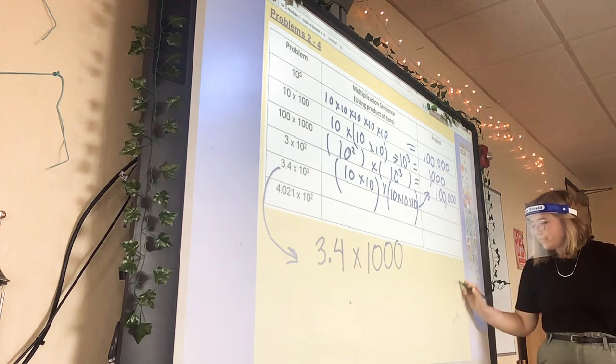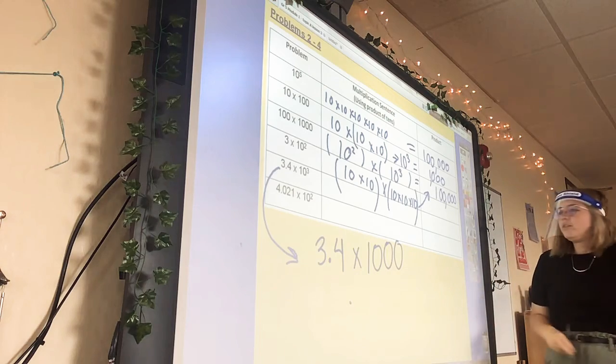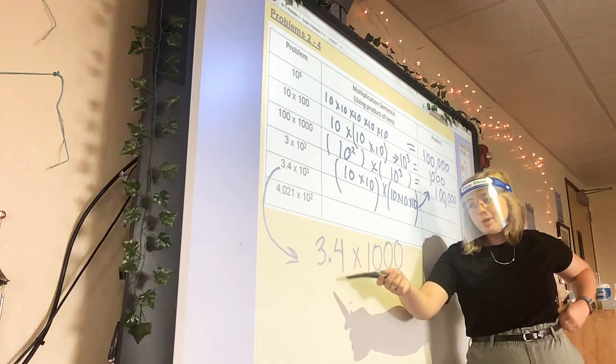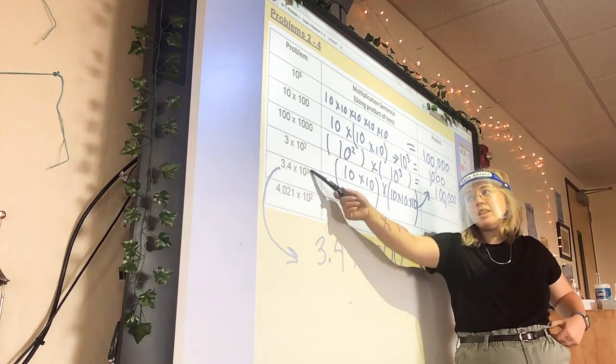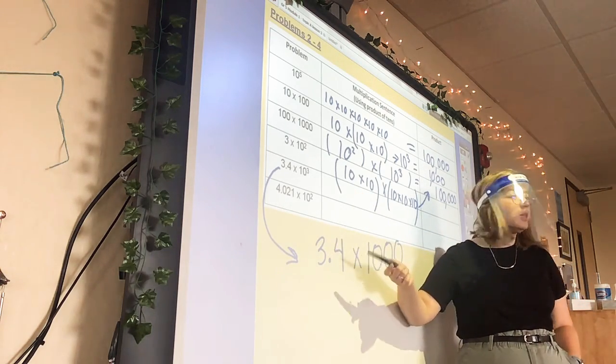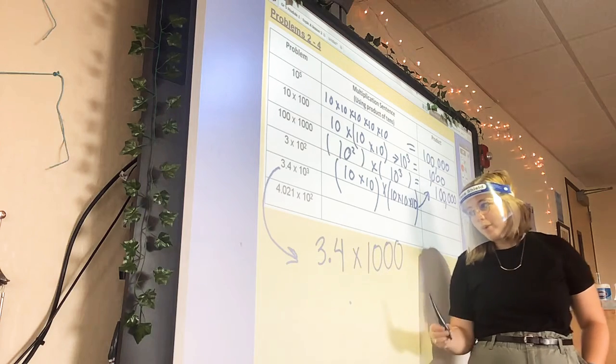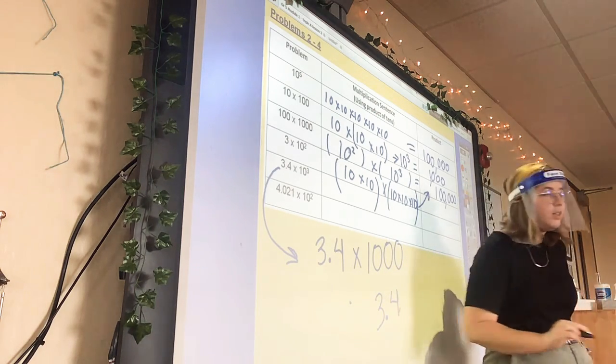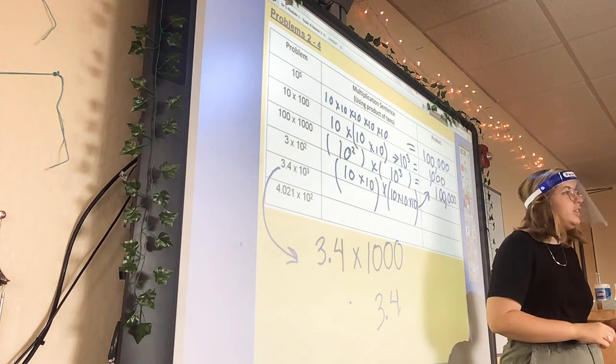All right. Beautiful. So, just like our homework last night, now we can solve it. So now we know what 10 to the third is. It's 1,000. So we're going to solve it. So 3.4 times 1,000. When I multiply, the number moves a certain way on the place value chart.